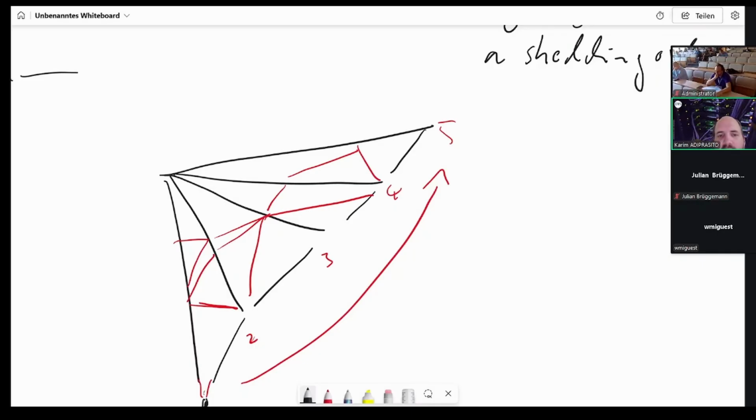So the closest edge that is not in the horizon and does not contain B in its affine hull. So the closest edge here would be this one here, right?